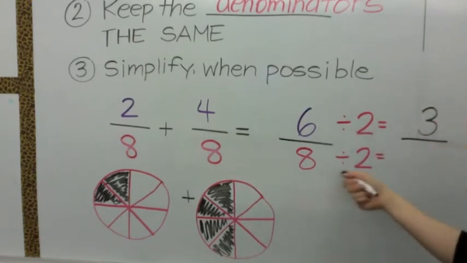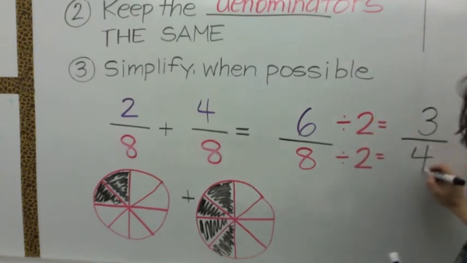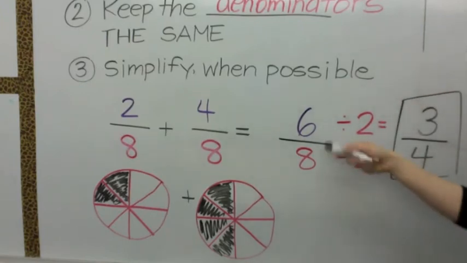Okay. What's 8 divided by 2? Skip count by 2 to get to 8. 2, 4, 6, 8. That's right. Okay. So, simplified, this fraction is 3/4. Go ahead and get that down.